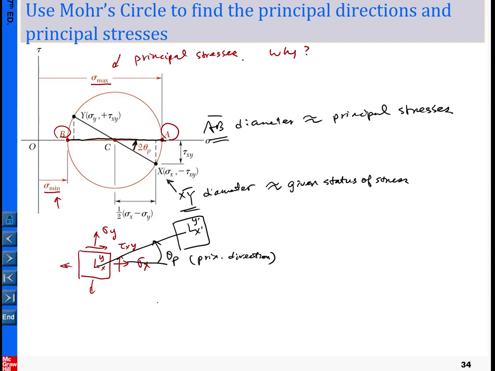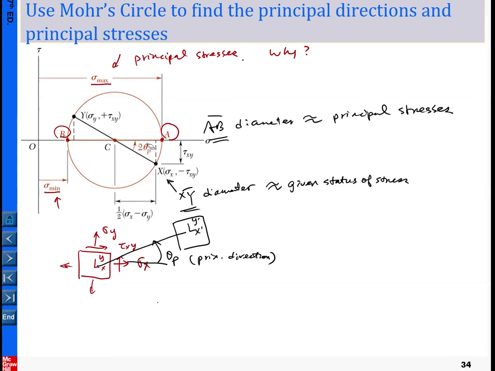So now we have identified the sense of the principal direction on the Mohr circle is this one, and we also take into account that it is double, so we put a 2 theta p here. So now how can we easily determine 2 theta p?